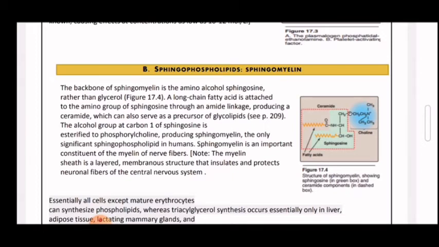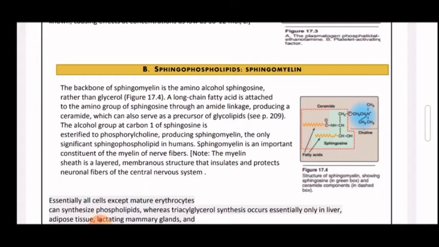The product is reduced in an NADPH-requiring reaction into sphingosine, which is acylated at the amino group with a longer chain fatty acid, as we said, and then desaturated to produce ceramide. Finally, the alkyl group at carbon number 1 is esterified to phosphorylcholine, producing sphingomyelin, as we said, the only significant sphingophospholipid in humans.